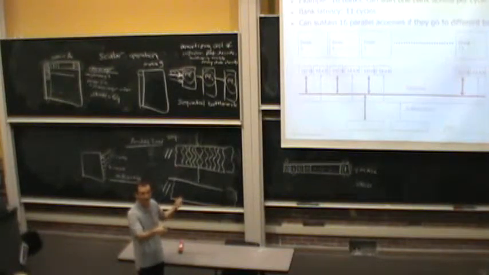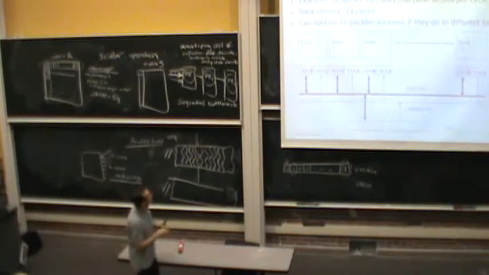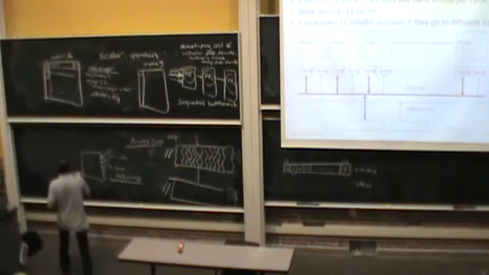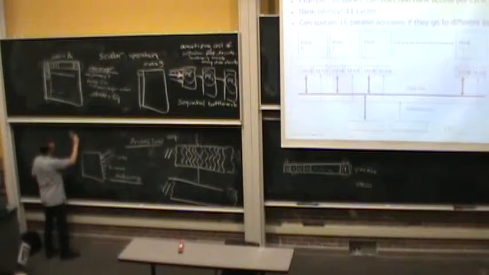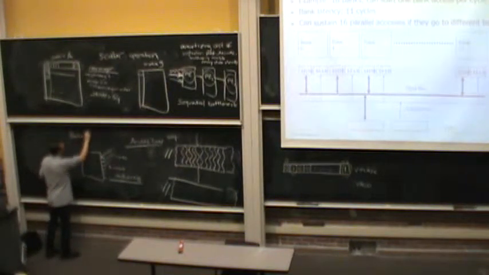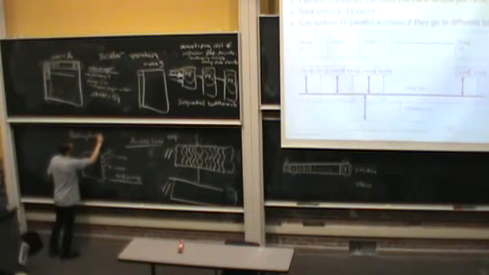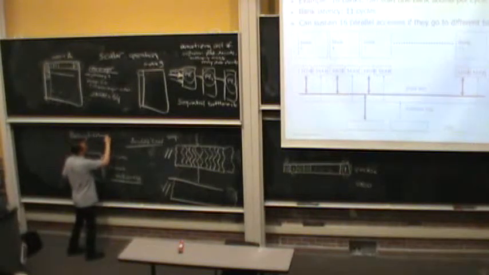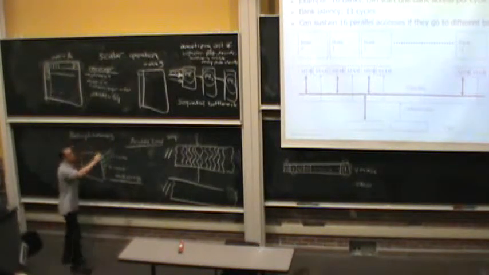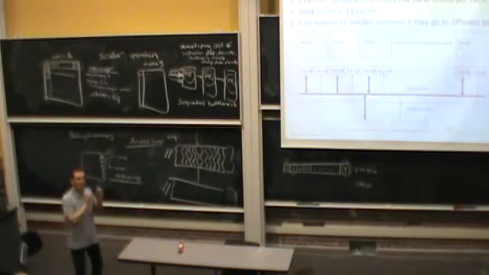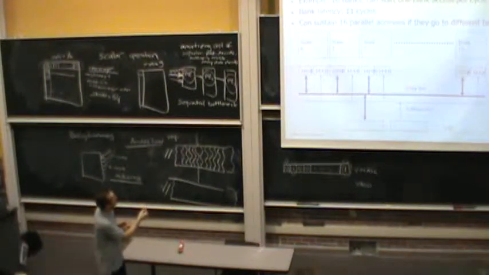Because it goes to a different structure, different memory bank, if you will. This is the idea of banking or interleaving. What we have done is basically we have interleaved the words across different banks so that we can get the first word from the first structure, the second word from the second structure, the third word from the third structure, and so on.